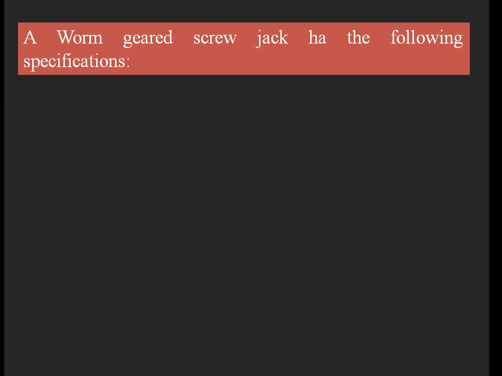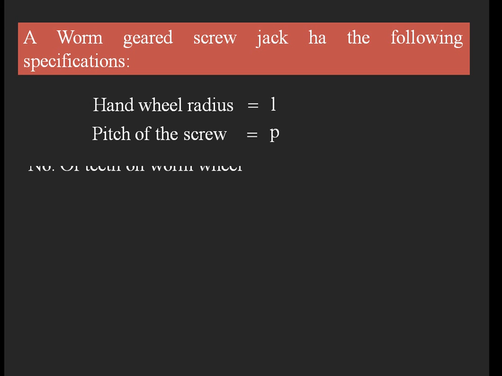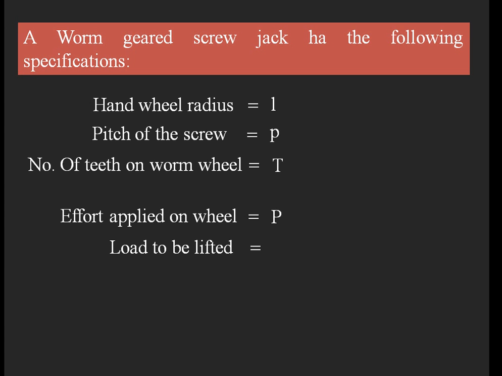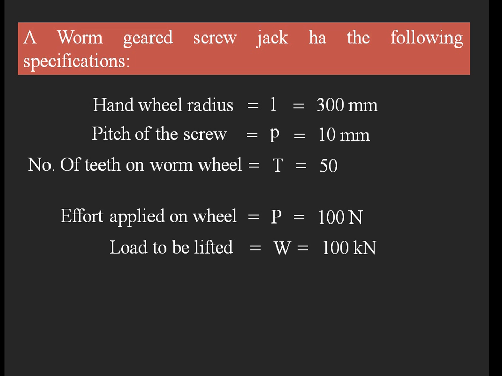Here a problem is given: a worm geared screw jack has the following specifications: hand wheel radius L is 300 mm, pitch is 10 mm, number of teeth T is 50, the effort applied is 100 newtons, and the load to be lifted is 100 kilonewtons.